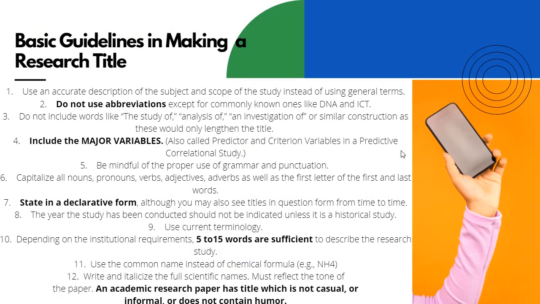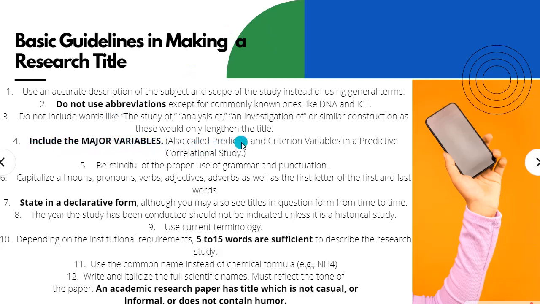Okay, so here are just basic guidelines in making the research title. This was already discussed when I talked about SOP questions, specifically the questions in the SOP per research design, and I gave you tips in making a research title. Again, include the major variables.